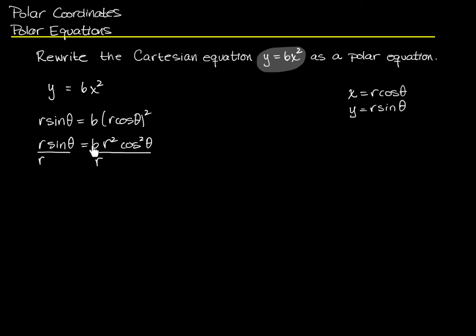Let's also divide by 6 and by cosine squared. Of course, I need to do that on both sides. So the 6 is gone, the cosine squared is gone from the right-hand side, and one copy of r is gone. On the left-hand side, r is gone.